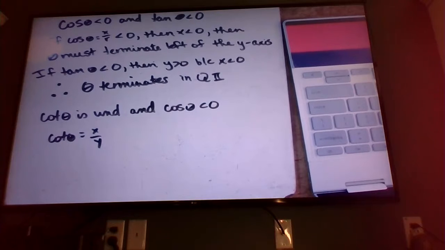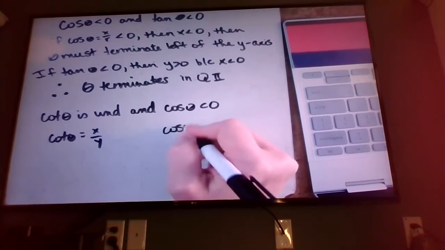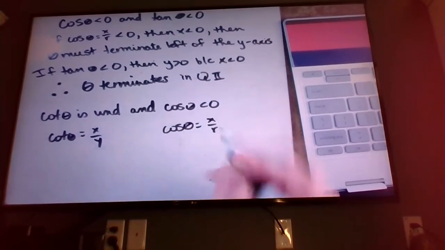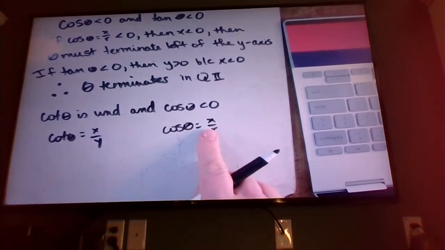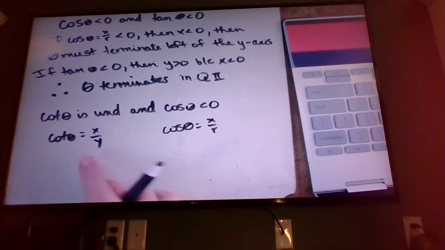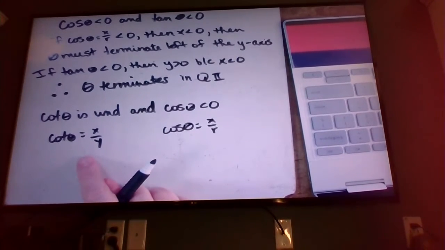So if y is 0, it has to terminate on the x-axis. The next hint is that cosine of theta, which is x over r, is less than 0, so x has to be negative and y has to be 0. So theta would terminate on the negative x-axis.